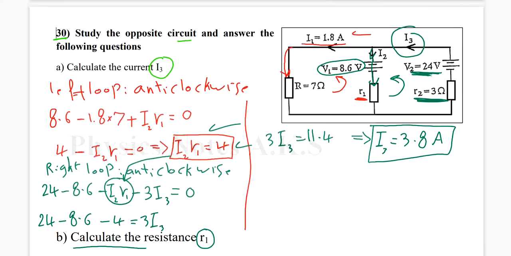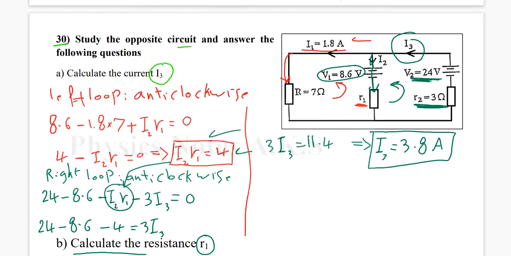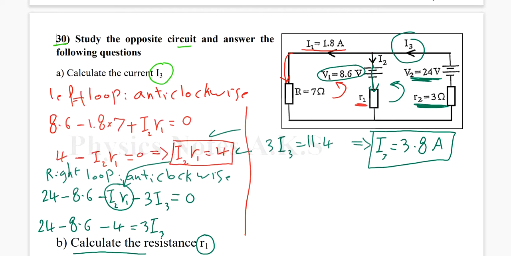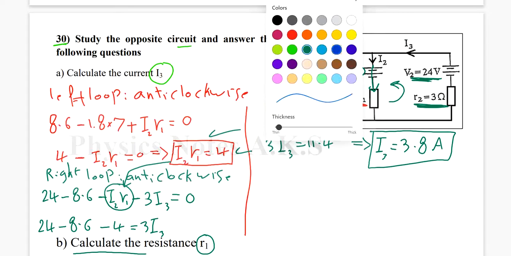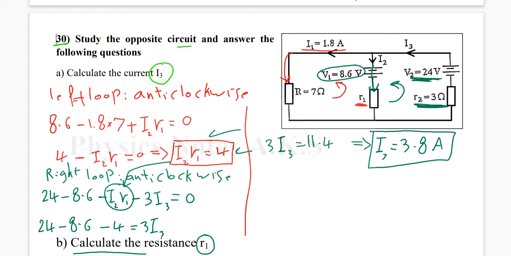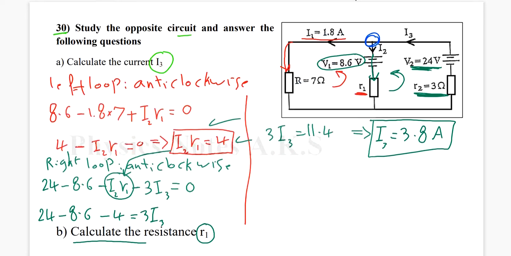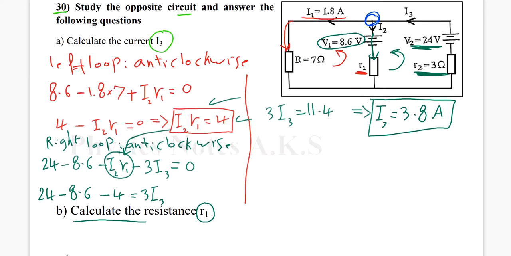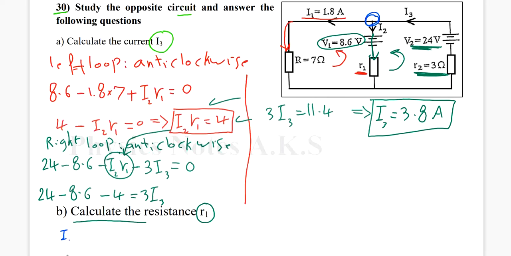So let's apply Kirchhoff's first law on the upper junction. I will use blue. On this junction right here, I will have the sum of currents entering equal the sum of currents leaving. So which one is entering? It's I3. Which ones are leaving?